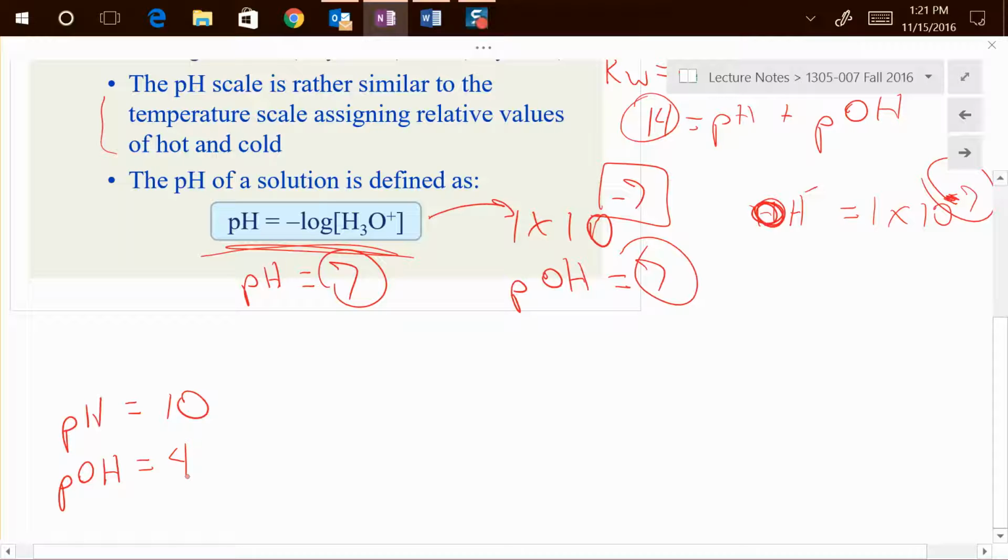This is a basic solution, right? If pH is 10, it's basic. Why? Because this is in a greater concentration than this. This is equal to 1 times 10 to the negative 10 H plus, right? This is equal to 1 times 10 to the negative 4 OH minus. Which is a bigger number?